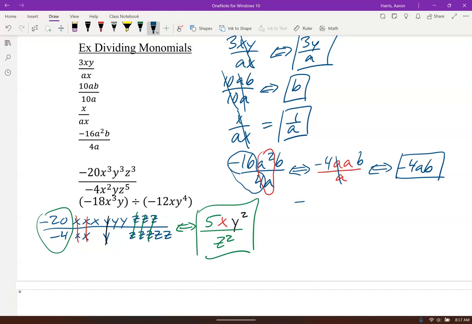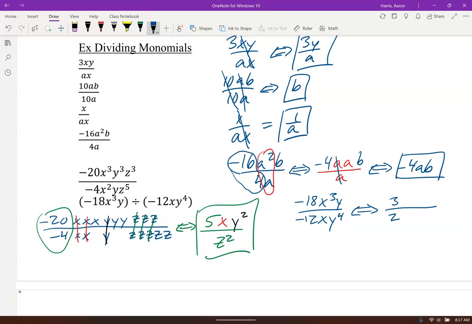All right, last one. We got negative 18 x cubed y over negative 12 x y to the fourth. So first of all, negative 18 over negative 12, that's positive. And they both go into 6. 18 divided by 6, 3. 12 divided by 6, 2.